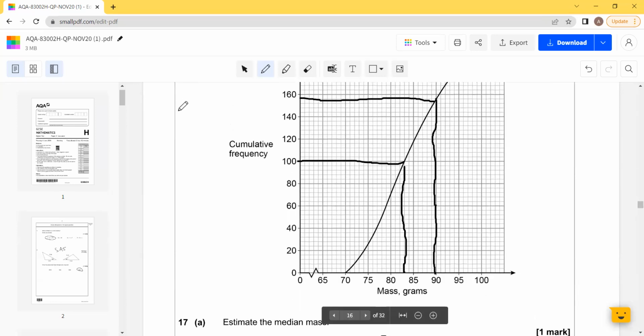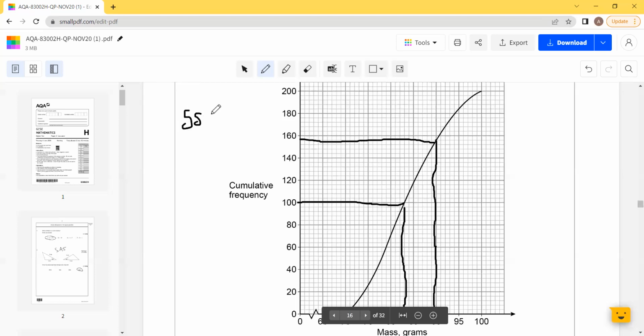Okay, so we know that 5 squares represents an increase in 20. So each square represents an increase in 4. Okay, so this must be 156 because there's 4 squares and each one has a value of 4.